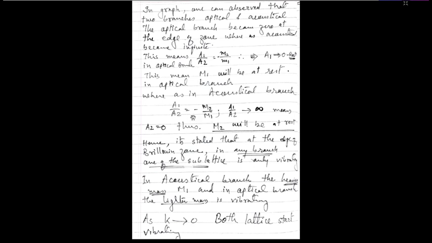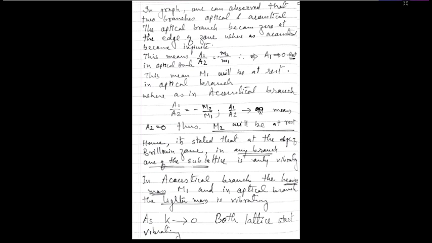In this case suppose आप ये बता रहे हो कि m1 is heavier, so m1 is very high, whereas in the acoustic branch it's a1 upon a2 is equal to minus m2 upon m1, and this become the infinite.